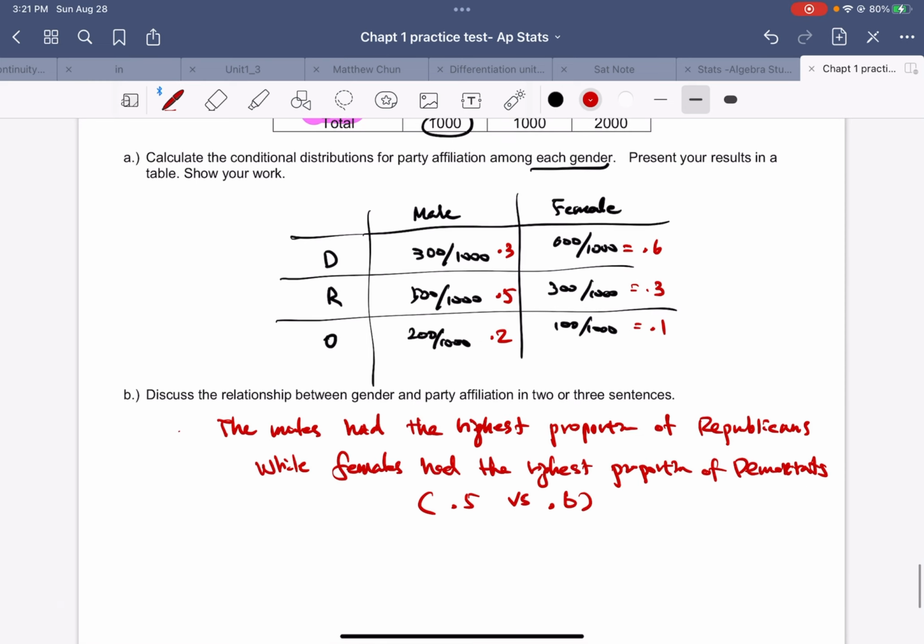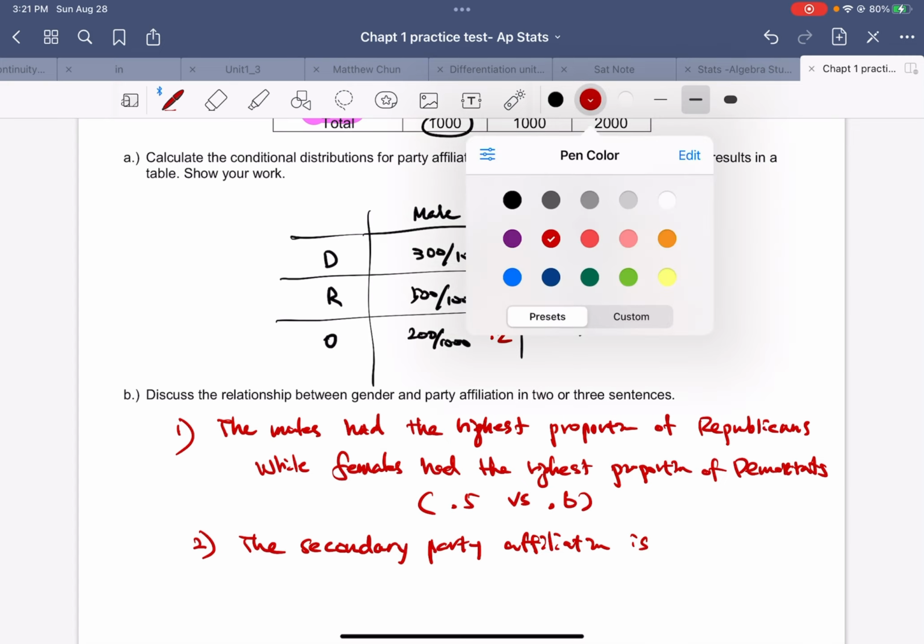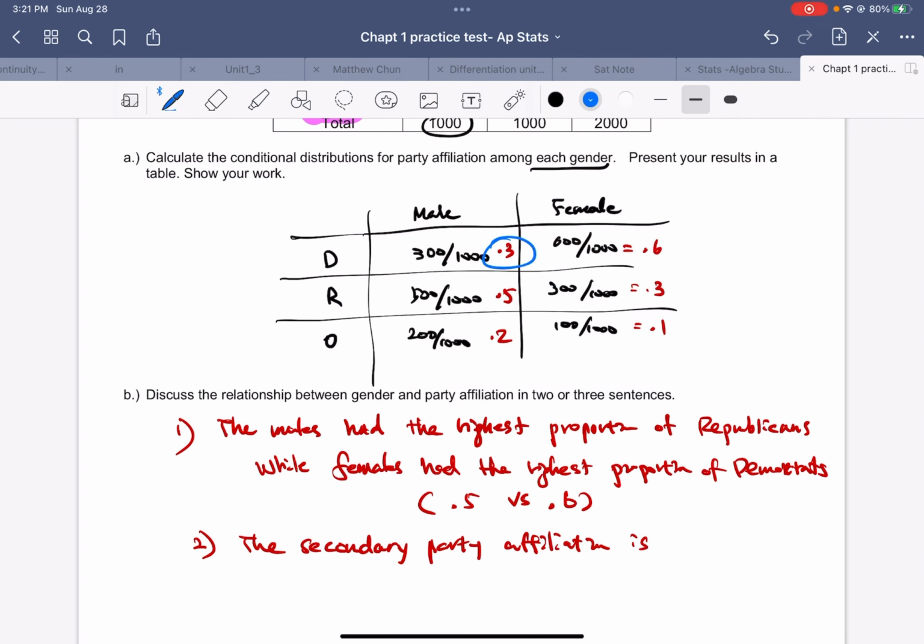Now, another sentence you can write is about the secondary party affiliation. The secondary party affiliation is basically the same. So if you see here, this is secondary for each gender.